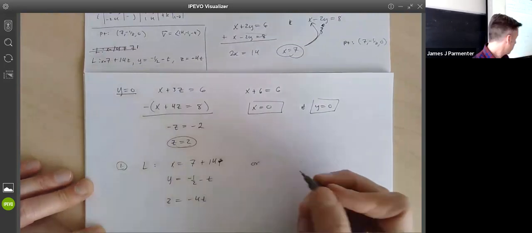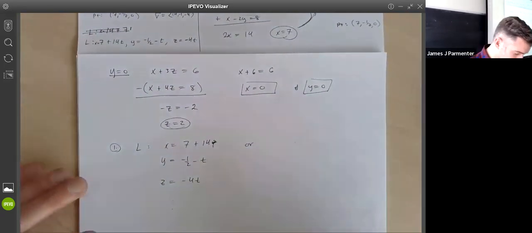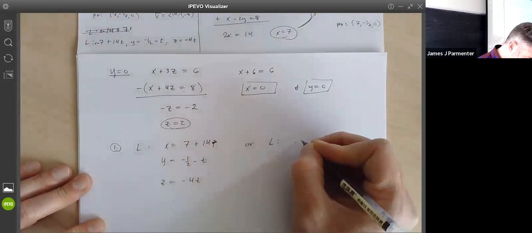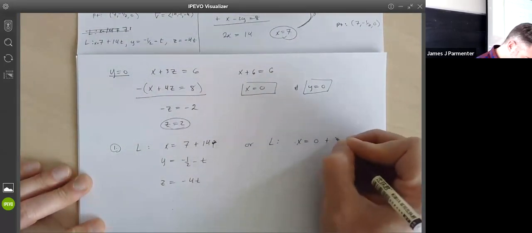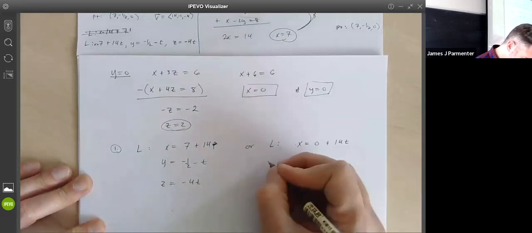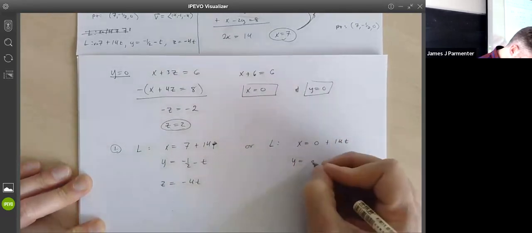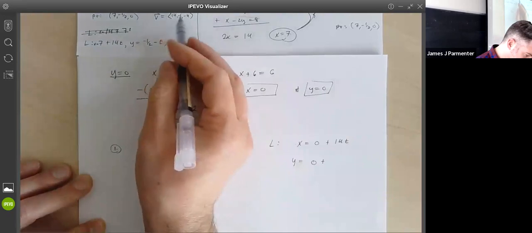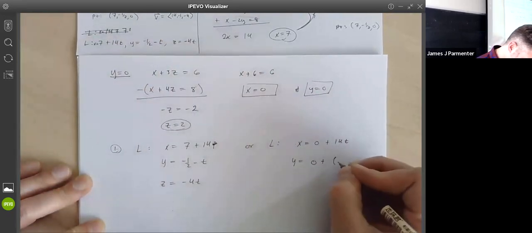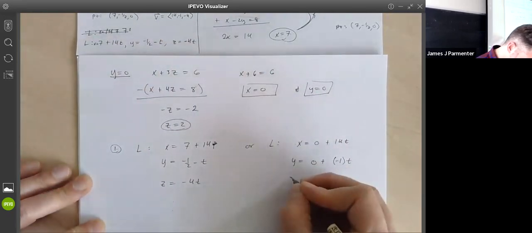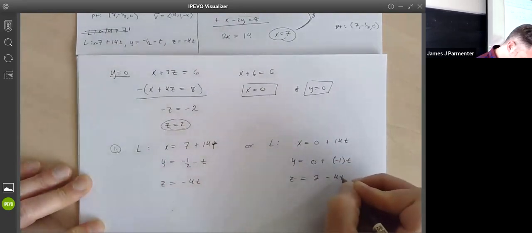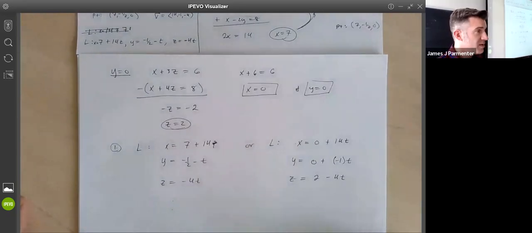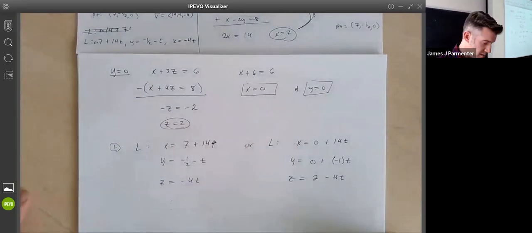But another way of writing the line could be x equal to 0 plus 14t, y equal to 0 minus t, and z equal to 2 minus 4t. Both of these are the same line, they just start at different places.